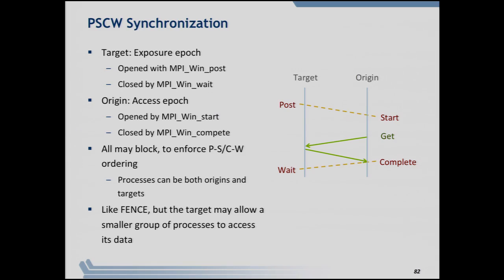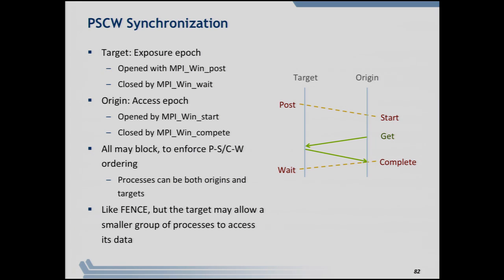There's a variation of this called post-start-complete-wait. Potentially, this could be more scalable in the sense that you only define the processes with whom you've exchanged data. Again, it depends on what kind of hardware you have, whether this is in fact faster than using a fence.